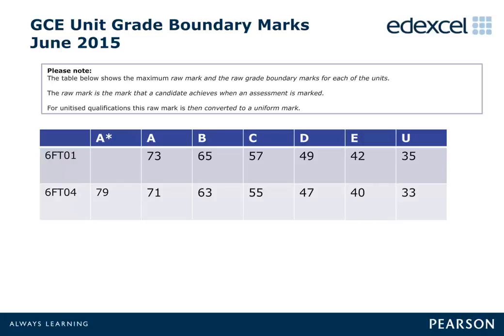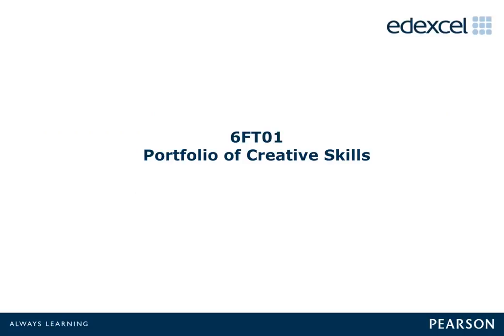These are the grade boundaries from the 2015 examination series and the raw marks. The 6FT01 portfolio of skills consists of 3 discrete separate tasks: product investigation, product design, product manufacture.